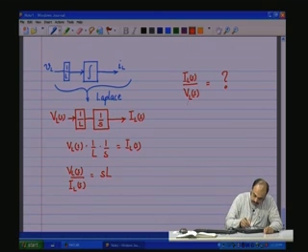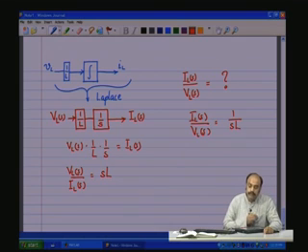Or if we put it in this form here, IL(S) by VL(S) equals 1/(SL).